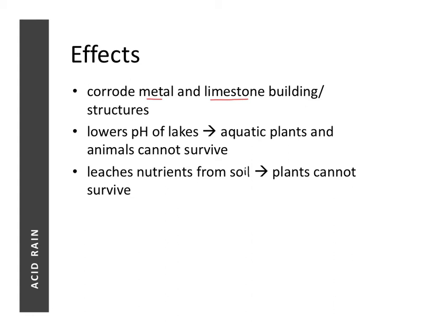It only corrodes things that can react with acids, for example metals, and limestone, being calcium carbonate. Other effects include that it will lower the pH of lakes, therefore aquatic plants and animals cannot survive. It leaches nutrients from the soil, so plants cannot survive.